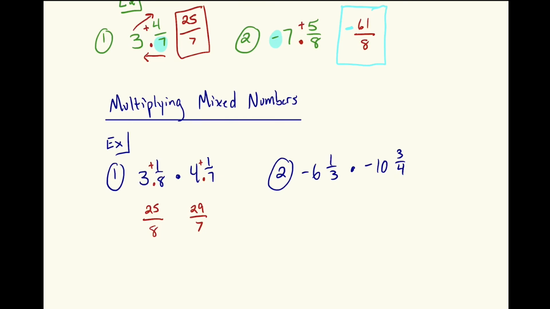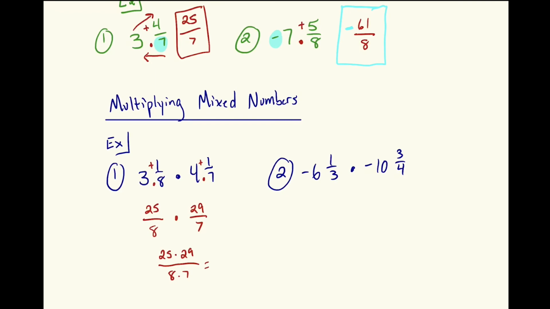So now all I've done is taken a second and converted our mixed numbers into improper fractions. When we go to solve these problems now, remember it's just as much as multiplying across the top, so 25 times 29 over 8 times 7.